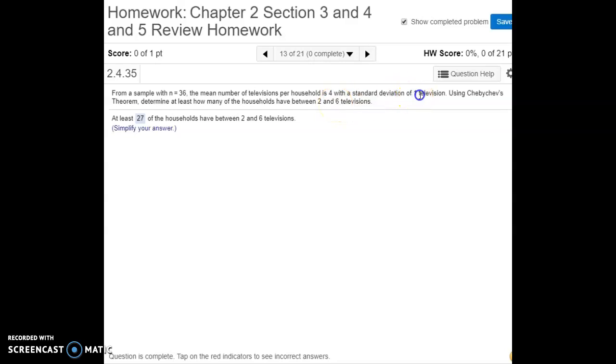Now our standard deviation is 1, so 6 would be 2 standard deviations above 4, because you would add 1 two times to get to 6, and 2 is 2 standard deviations below 4. So essentially what this problem is asking is what percentage of households would fall within 2 standard deviations of our mean. And we don't know that it's a bell-shaped distribution. We can't use the empirical rule. We'll have to use Chebyshev's.